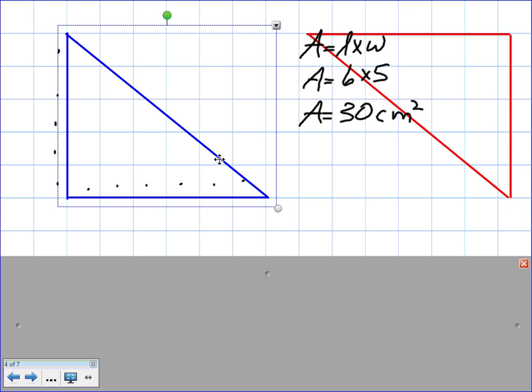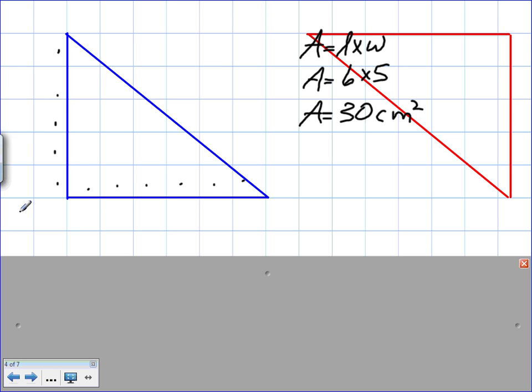I'm going to estimate the area of my triangle before I do anything else, and we'll do that the same way we estimated the area of a rectangle. We'll count the squares that are half or greater. 1, 2, 3, 4, 5, 6, 7, 8, 9, 10, 11, 12, 13, 14, 15.